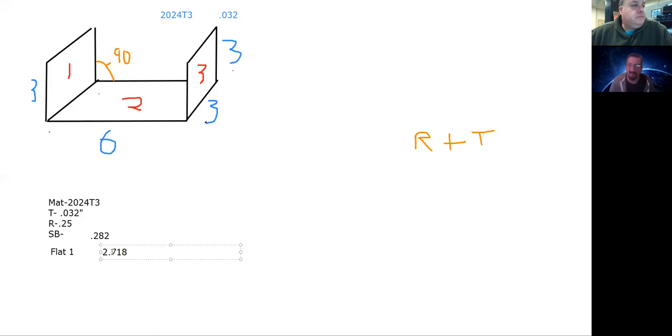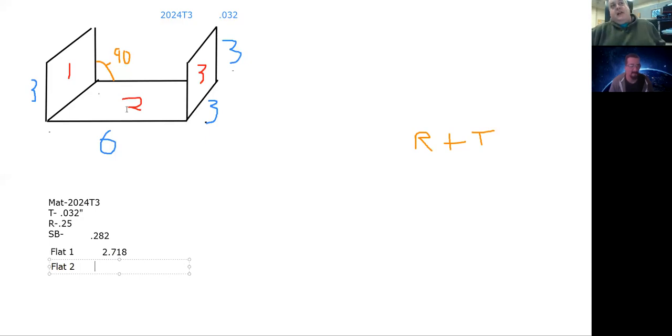Okay, so now we can do flat 2. What do we have to do a little different on flat 2 that we didn't do on flat 1? Well, we have to take into consideration that there are 2 setbacks. Flat 2 has a bend on one side of it, but it also has a bend on the other side.